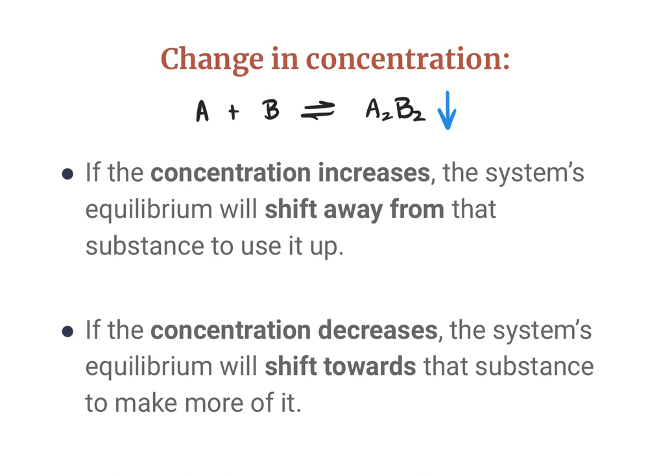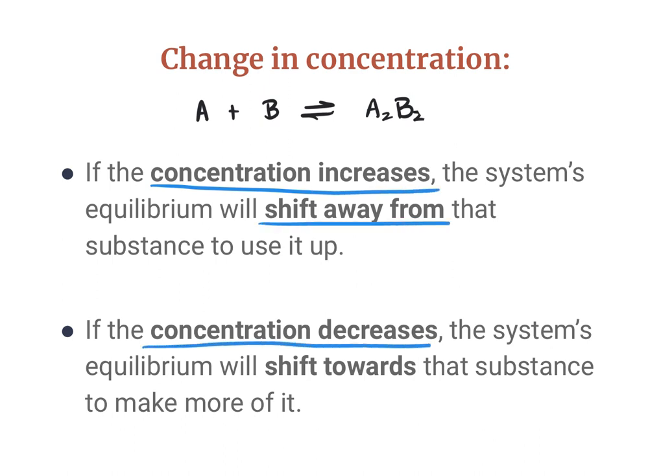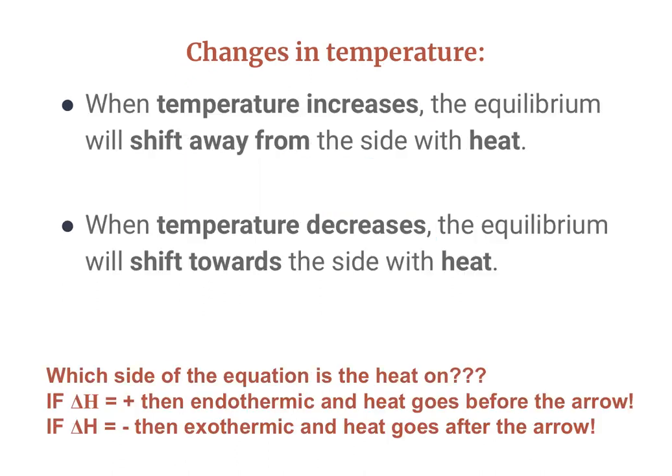I want to rebalance things out, and I'm going to shift towards the thing that is being reduced. So the big thing here to remember: concentration increases, shift away. Concentration decreases, shift towards. We want to make sure that we are balancing out any of those changes that occur.